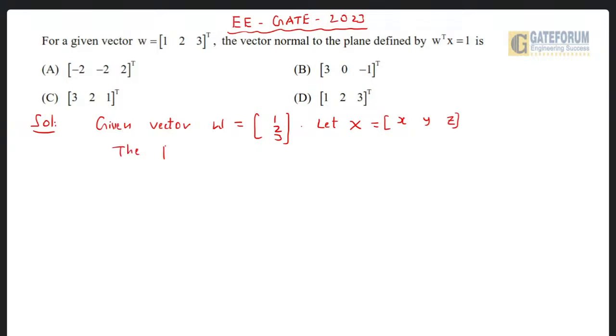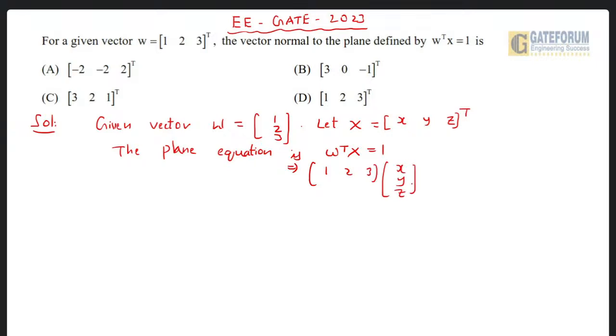The plane equation is W transpose X is equal to 1, which is nothing but 1, 2, 3 transpose, and it is better to take X as a column vector, into x, y, z.